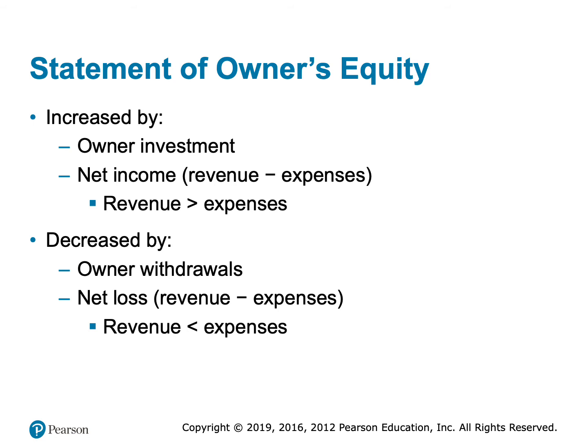So if revenues exceed expenses, if we have net income, then that is increasing the owner's share. If we had a net loss, that would decrease the owner's portion of the company. The other thing that decreases owner's equity is owner withdrawals. So as an owner, you won't get paid like a salary per se, but if you wanted to withdraw some of your investment for personal use, that's called that withdrawal.